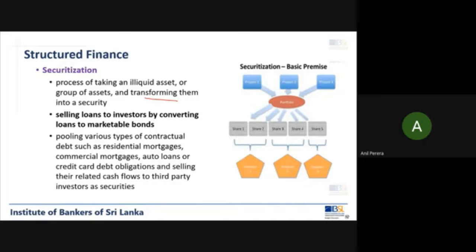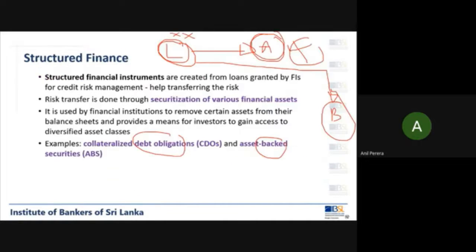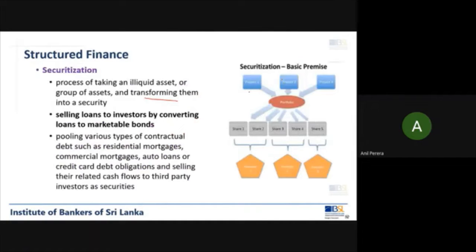Now in this diagram you will understand this process. Similar to this, you have given loans to A, B, C for project 1, project 2, project 3. There are 3 projects, and out of these 3 projects, you create your portfolio. This is your loan portfolio. Let's assume these are some subprime borrowers, less creditworthy borrowers, A, B, C. Out of this, you have this portfolio of their loans.